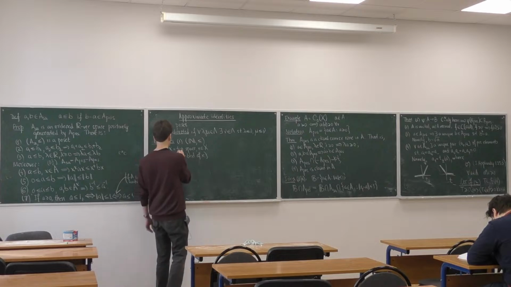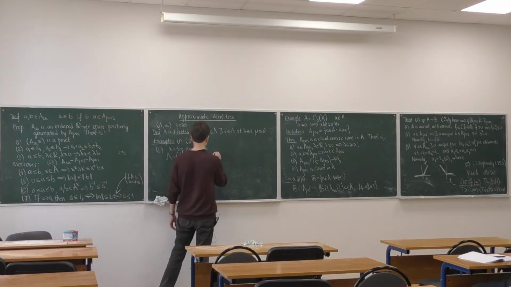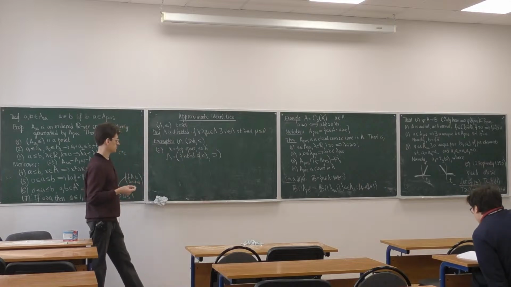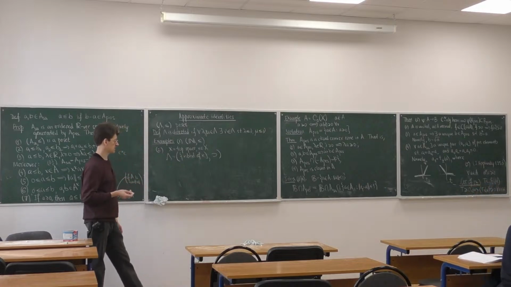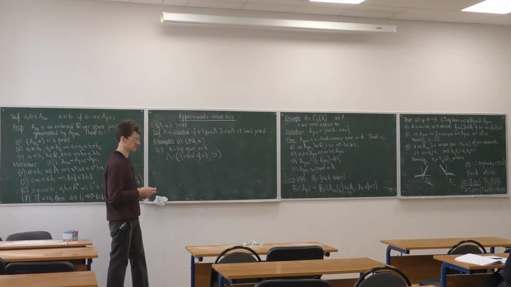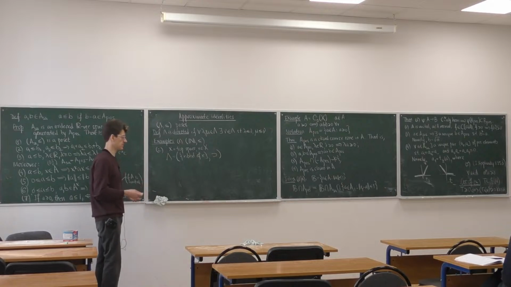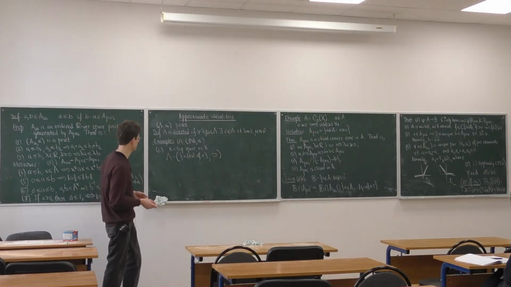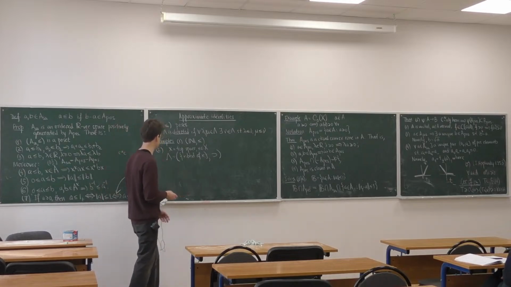And this is a directed poset with respect to the opposite inclusion. So we say that U is less than or equal to V if V is contained in U. And it is directed because if we have two neighborhoods, then each of them is dominated by their intersection. So it is a directed poset.